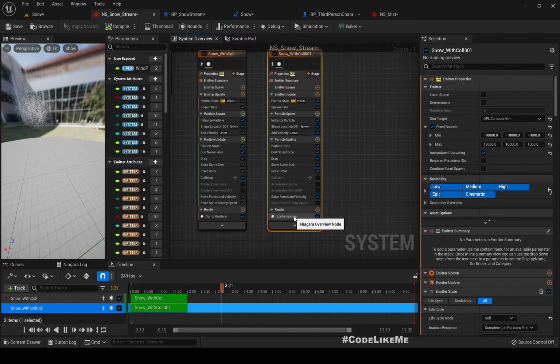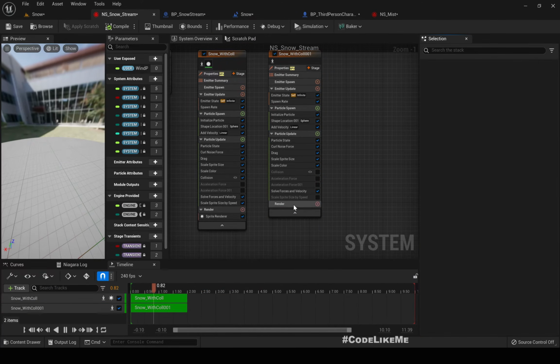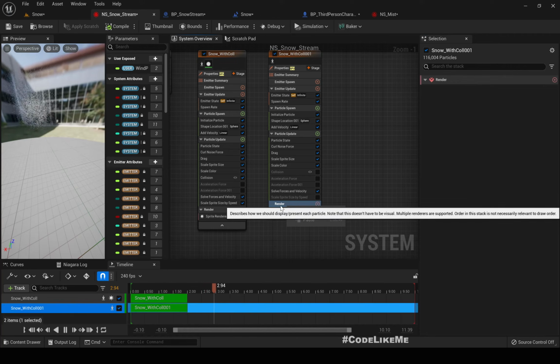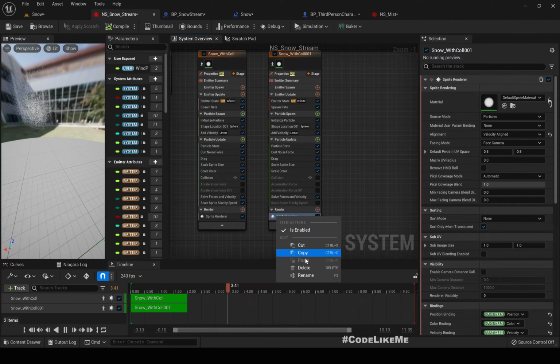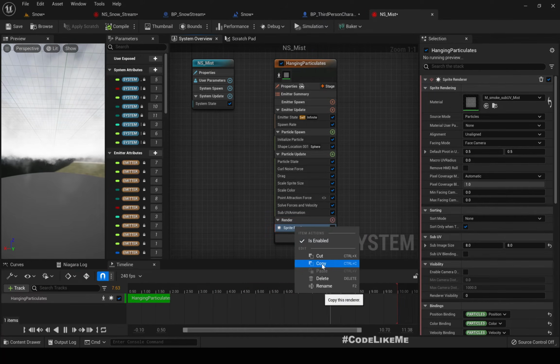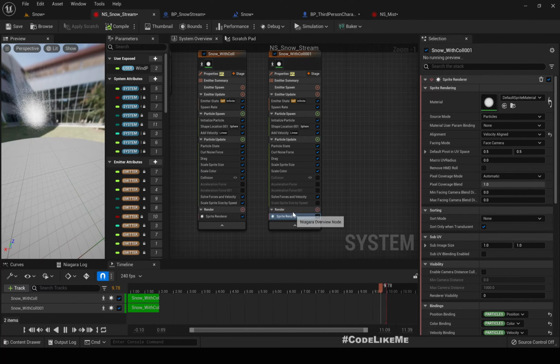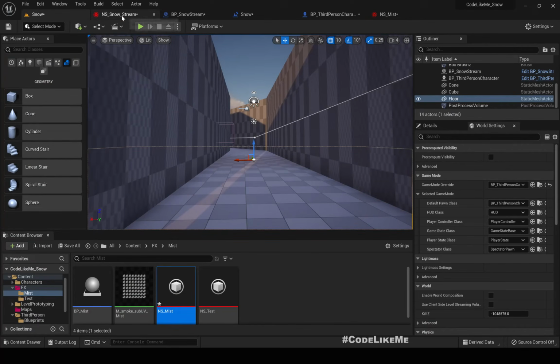I don't think I need any of these, and delete what we already have here and paste. Oh wait, why can't I paste? Didn't I copy? Copy, paste. Okay, remove the first emitter.